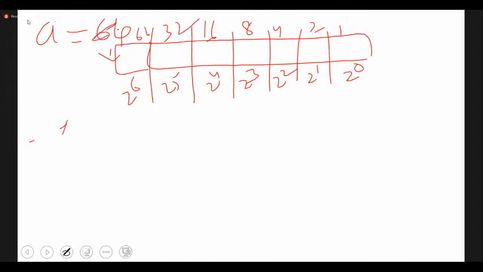I'll take an odd number so that you'll understand how right shift is also working. So 65, how will you represent? 64 plus 1 is 65. The remaining bits are zeros. Now I said you have to shift 65 left by 2 times.